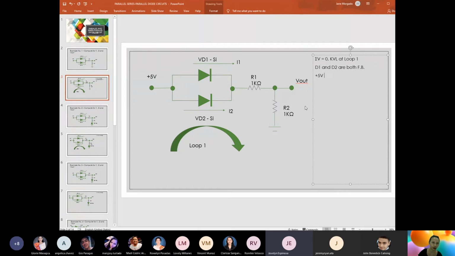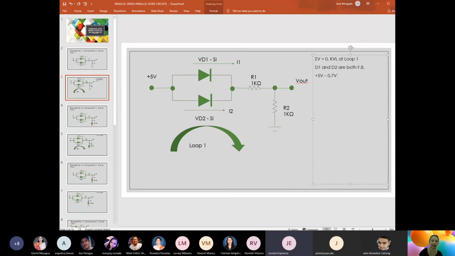So, maging 1.4 siya. Tama ba? Minus 0.7. Isa lang.